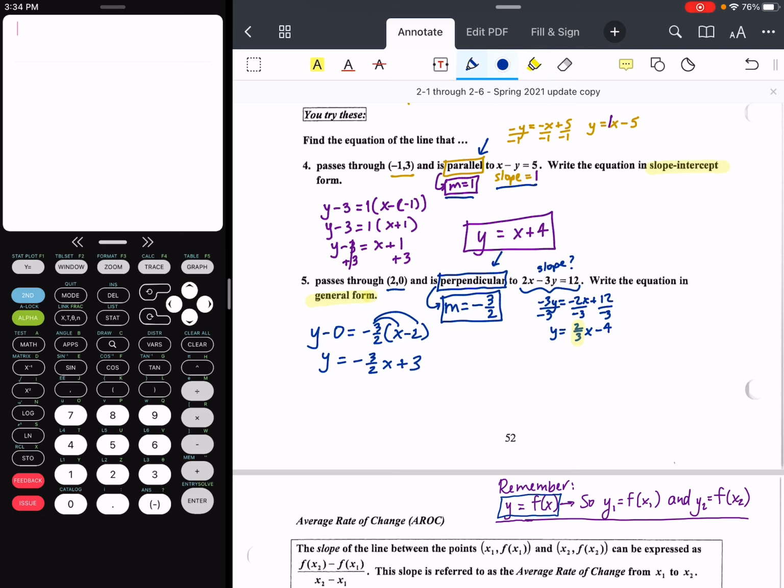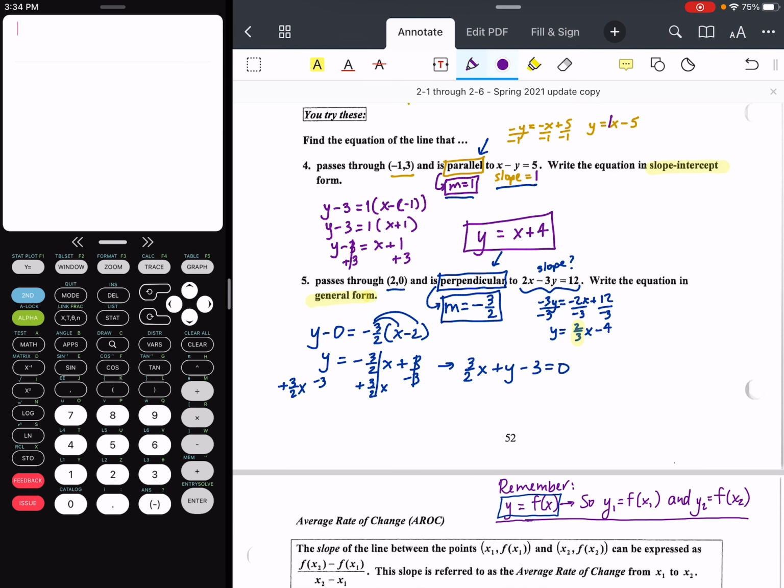So let's keep going. I'll move my terms over to the left, plus 3/2 x, is what I meant to say, and then minus 3. So we have 3/2 x plus y minus 3 equals 0.